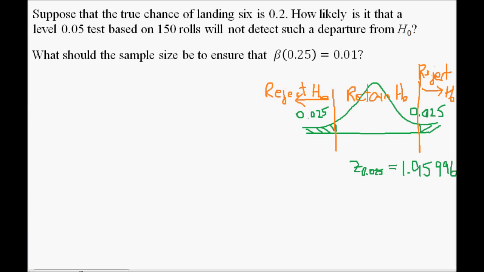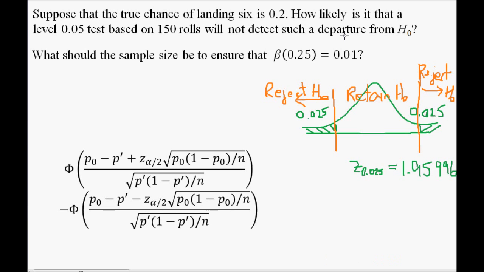So that is the probability of making a type 2 error, that we retain the null hypothesis, we do not detect such a large departure, even though the alternative hypothesis is true. To do this exercise, we have a formula that can be derived in a fairly similar fashion to what we've seen before, and the formula is here.